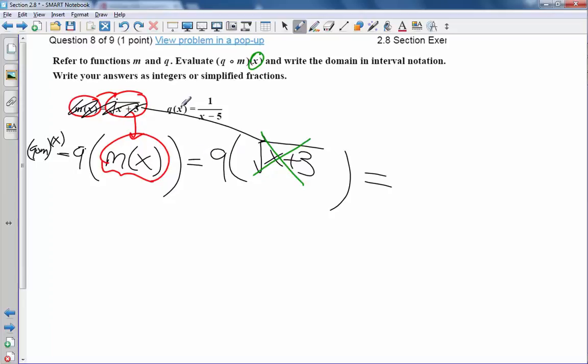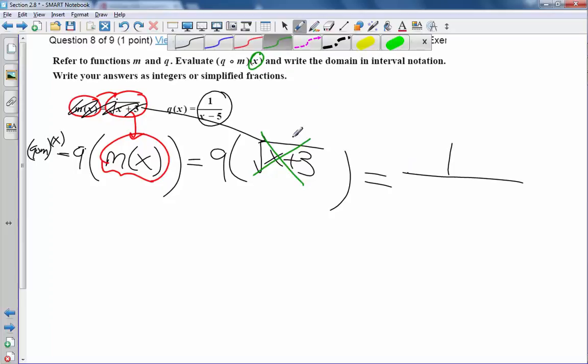Q takes X into this, turns it into this formula, right? If X rides on Q, it goes to 1 over X minus 5. So I would put here 1 over that giant X and minus 5.